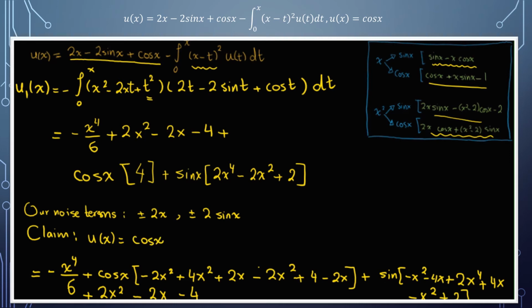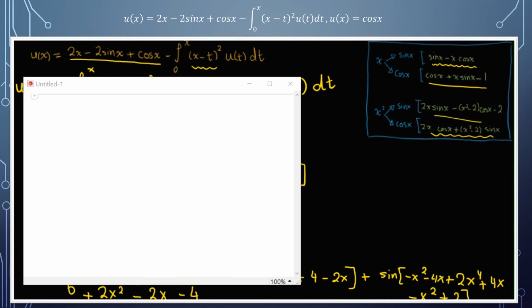We have to check that by substituting in the Volterra Integral Equation. Let's use Mathematica to check our answer, if our claim is right or wrong. This is a sheet in Mathematica. First we will define u of x.